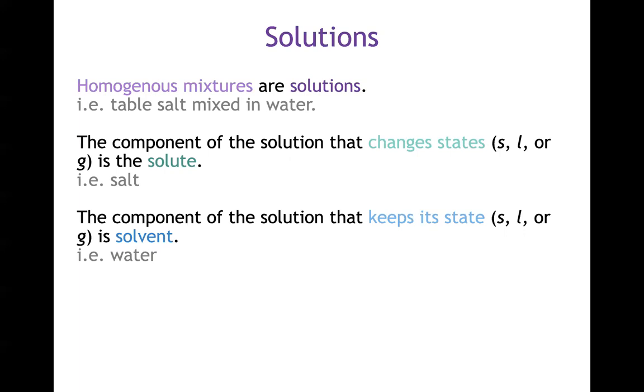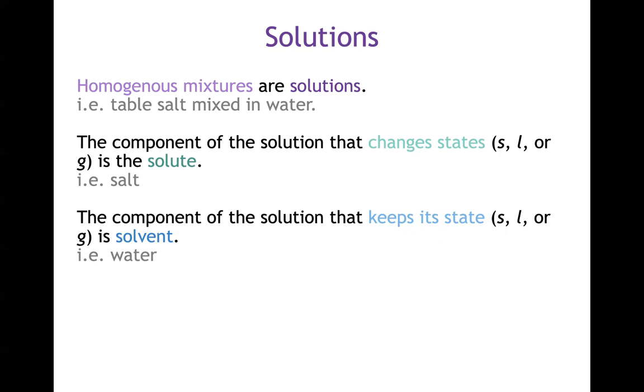Similarly, if you dissolve sugar in water and you let it sit, you won't be able to really tell that you have sugar in water unless you taste the salted water or the water that has the sugar in it. We call those solutions, or homogeneous mixtures.